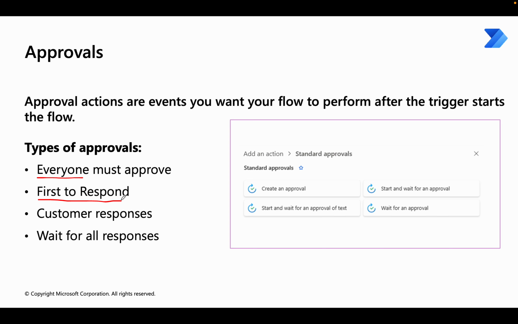So the first one to respond to the flow, and there is a custom response, that needs one particular person to respond to the flow. And the last one is wait for all responses. So until everyone responds to the flow, the work will not continue.